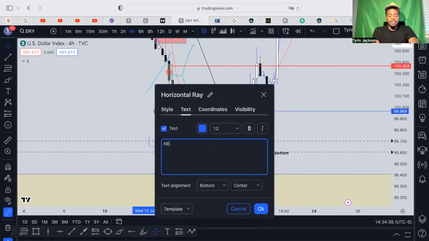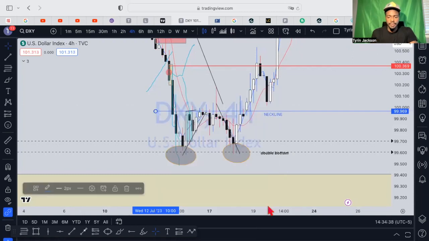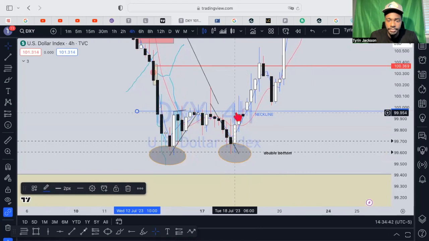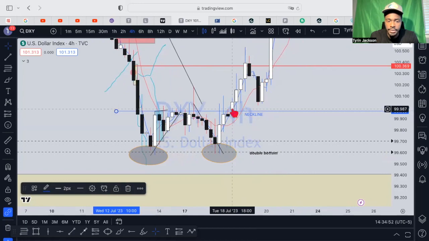You see how price came all the way up here and dropped, right? So this is when we would typically want to enter the trade, once price breaks here.